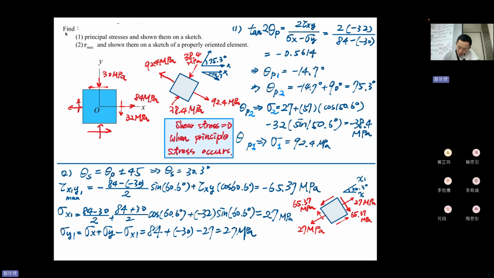27 MPa is also positive. So positive 27 MPa. The other is 27 MPa. Okay, so that's it. Everything's done.